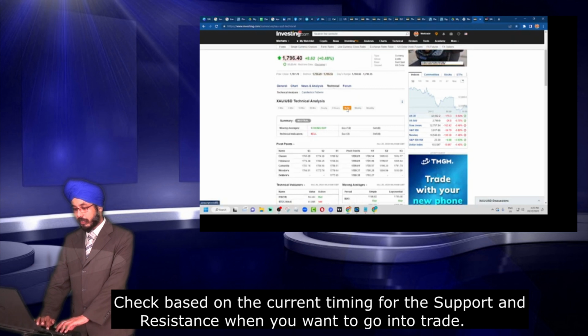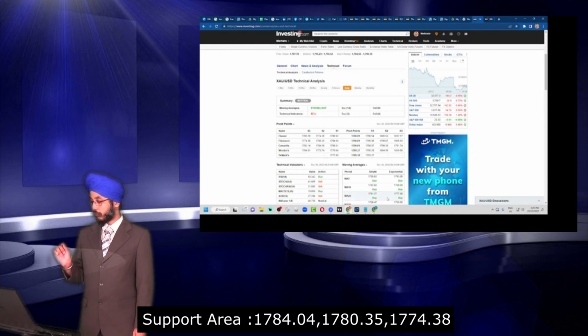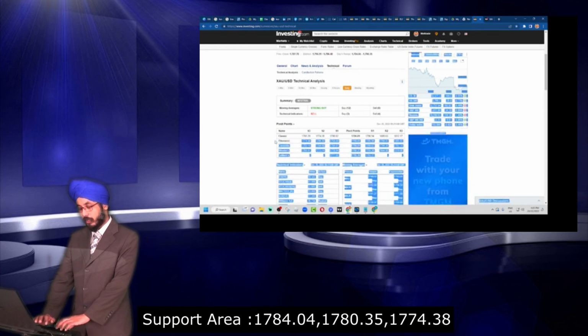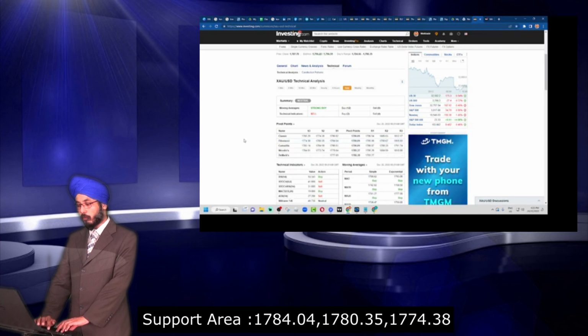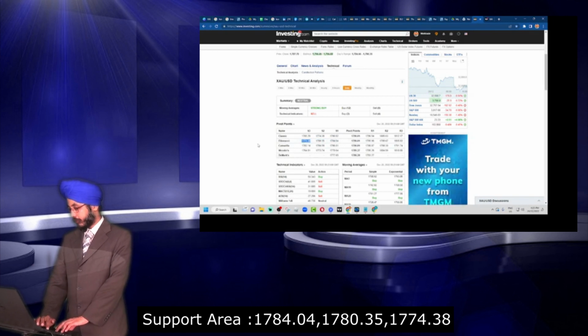we can see that we have 3 support points and 3 resistance points. Our first support point based on Fibonacci would be 1784.04. Support 2 would be 1780.35, and support 3 would be 1774.38.